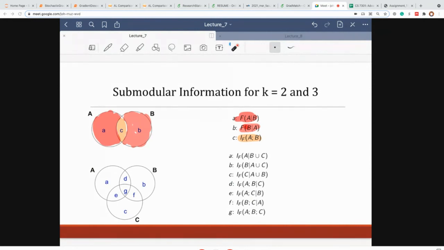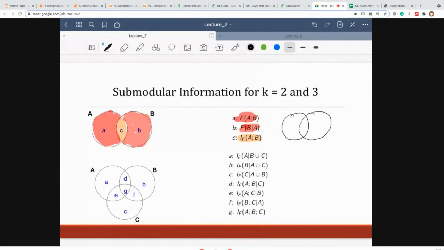Yeah, Nathan. Yeah, so in the example for k equals 2, can you explain why the conditioning of each one of those on the other corresponds to the shaded areas? Oh, I see. Okay. So when you look at a Venn diagram, right? Typically, there is this inclusion-exclusion thing, right?